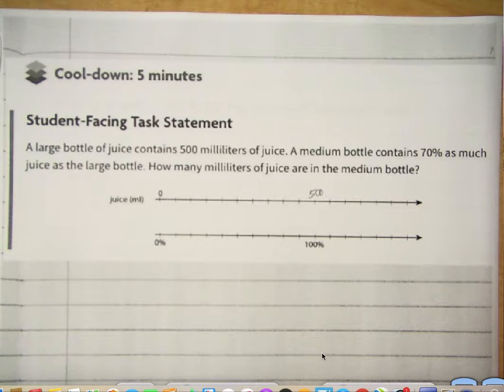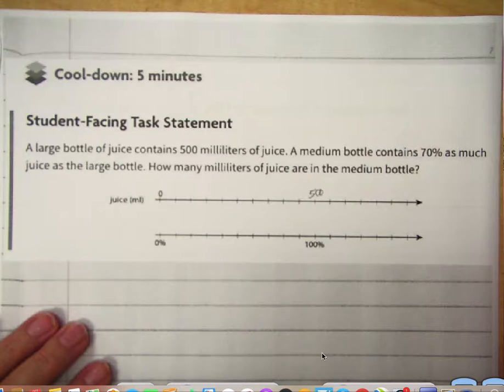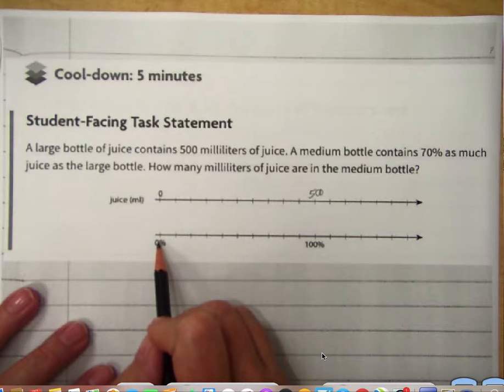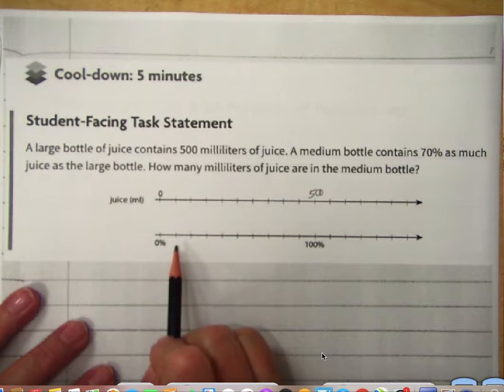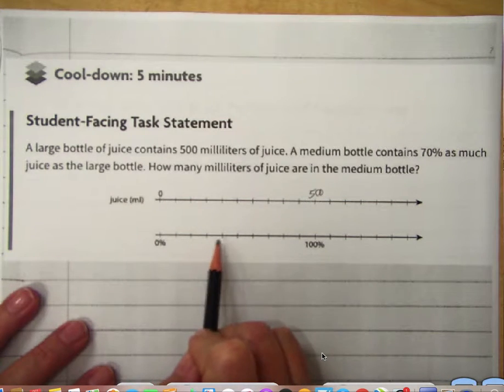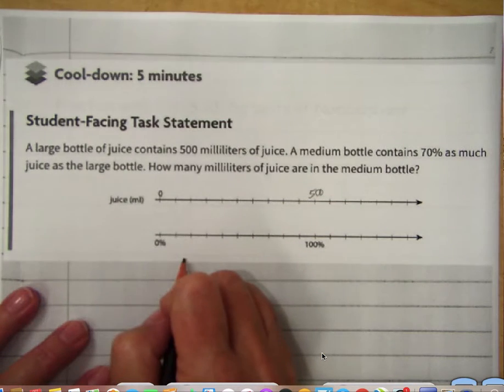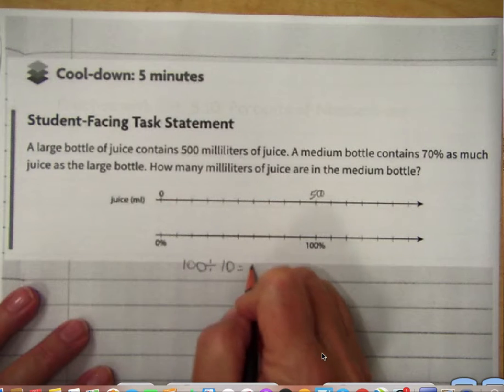Now, this number line is a little bit different. The ones before had things broken down for you. Okay? But this one, we've got to put our own numbers in. So I've got to decide how far is it from 0 to 100? In other words, how many increments? Well, 1, 2, 3, 4, 5, 6, 7, 8, 9, 10. So 100 divided by 10 is going to be 10.